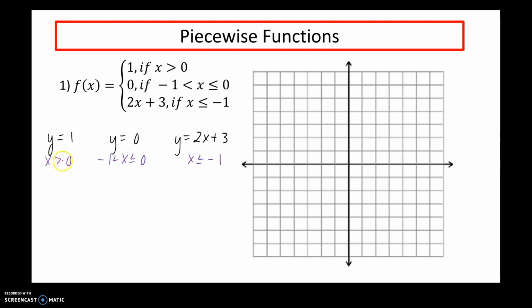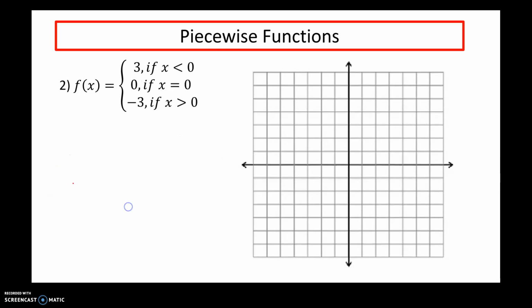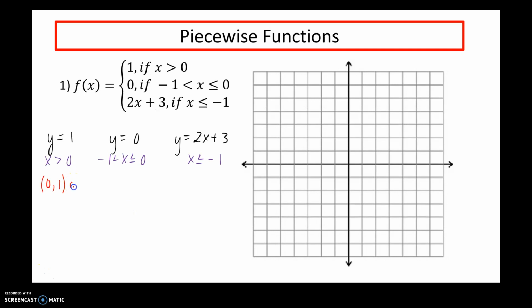So if x is equal to 0, what is my corresponding y value on this piece? My corresponding y value would be 1, because y is always equal to 1. On the graph, it's going to be an open circle, because according to the domain, x can't equal 0, so it has to be a hole there.